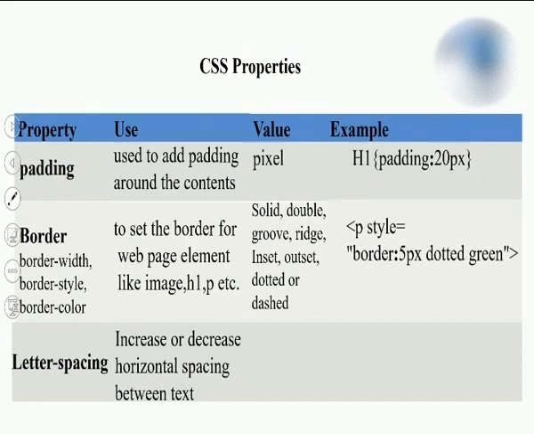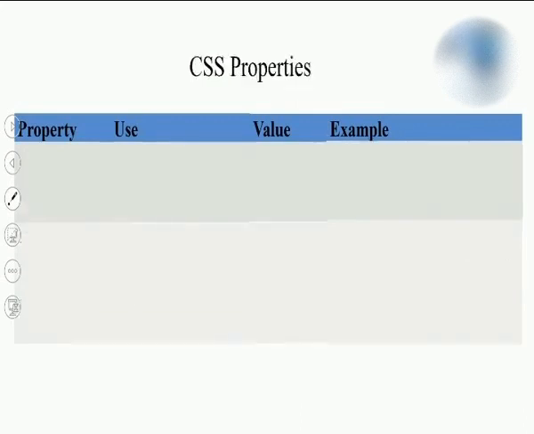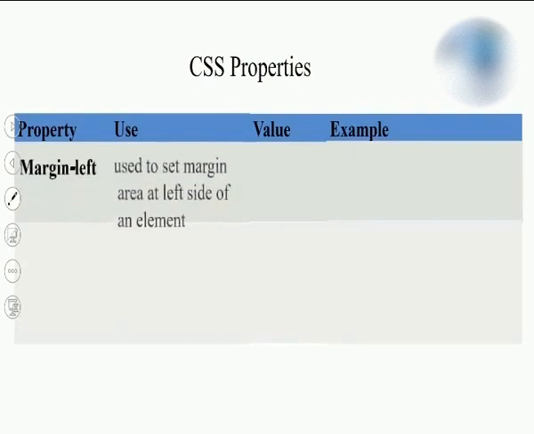Letter spacing will increase or decrease the horizontal spacing between the text. You can specify that in pixels, inches, millimeters, centimeters, or even points. So that will increase the spacing between two letters. If you specify it here for this paragraph, between two letters there will be a 3-point distance. So we are going to conclude after this slide.